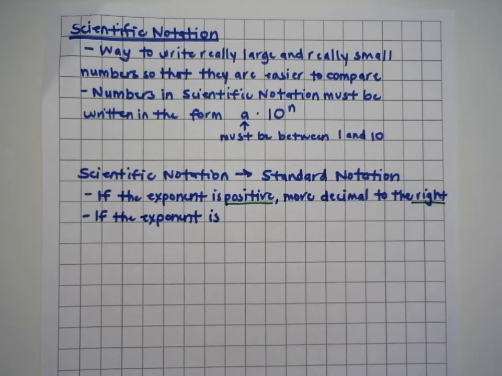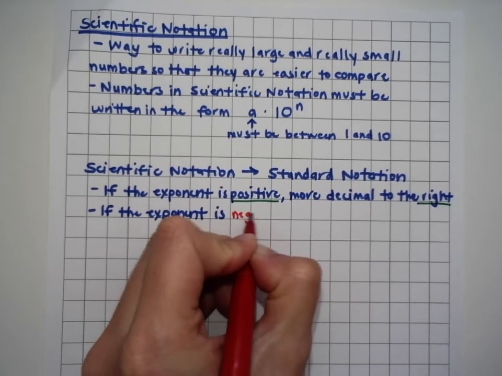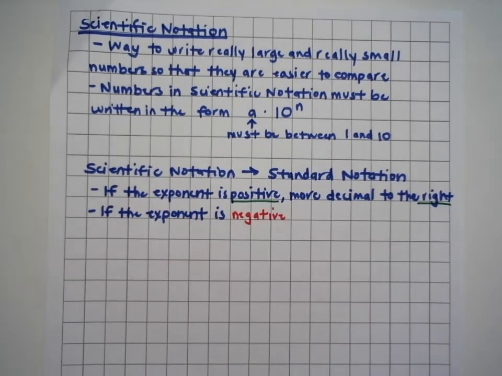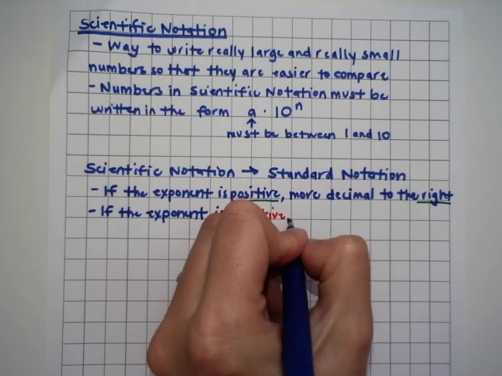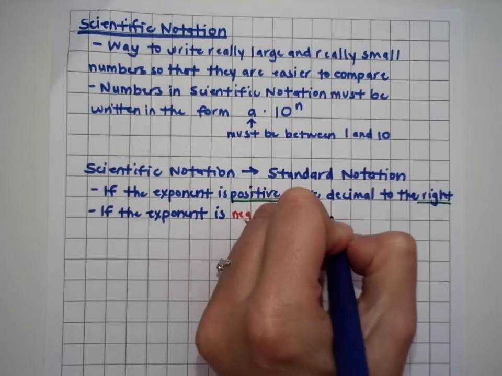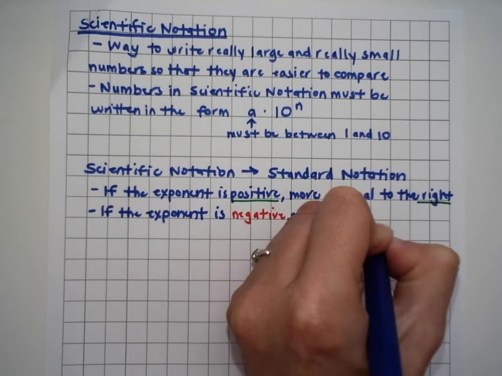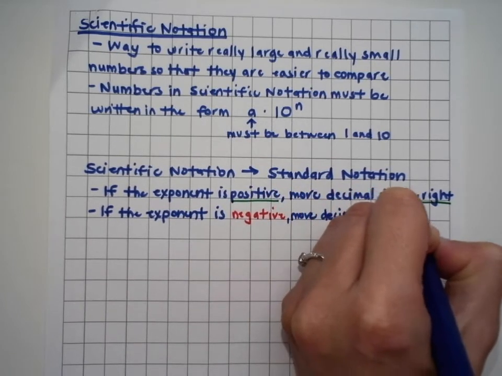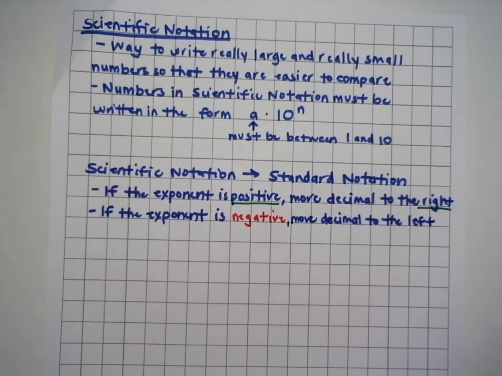Positive, move right. If the exponent is negative, you're going to move the decimal to the left. Oops, I'm going to do that in red.